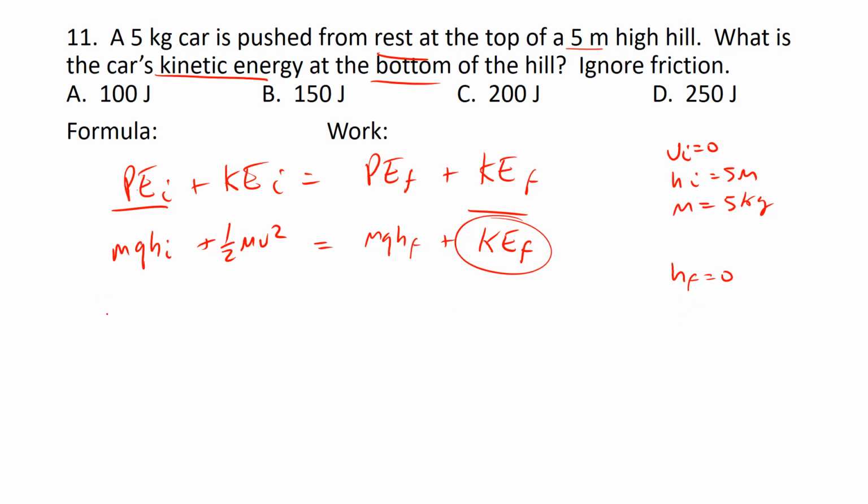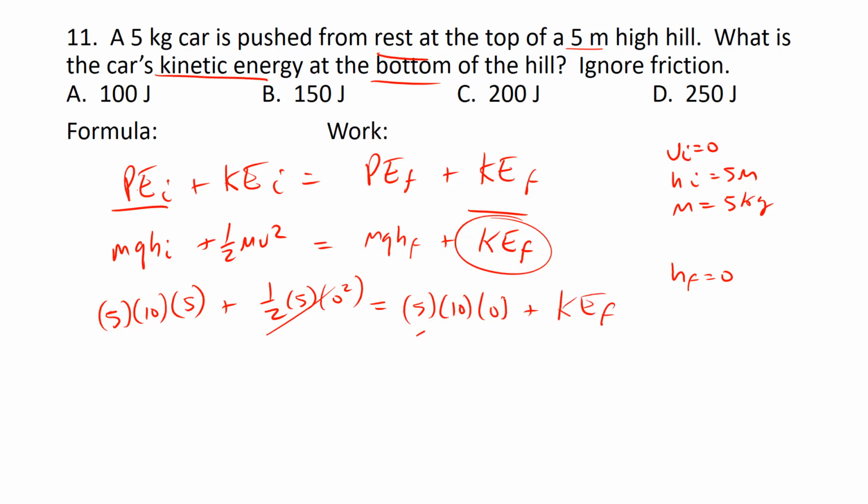Let's plug it in. Mass is 5. Gravity is 10. Height is 5. Plus 1/2 times the 5 kilograms times the velocity, which is 0, so that's going to cancel out, equals the mass was 5, the gravity was 10, the height was 0, plus KE final. So that cancels out because of that, that cancels out because of that.